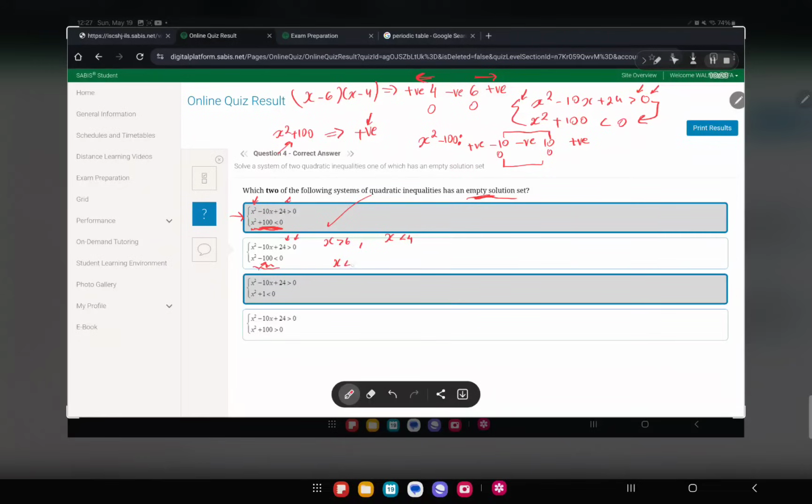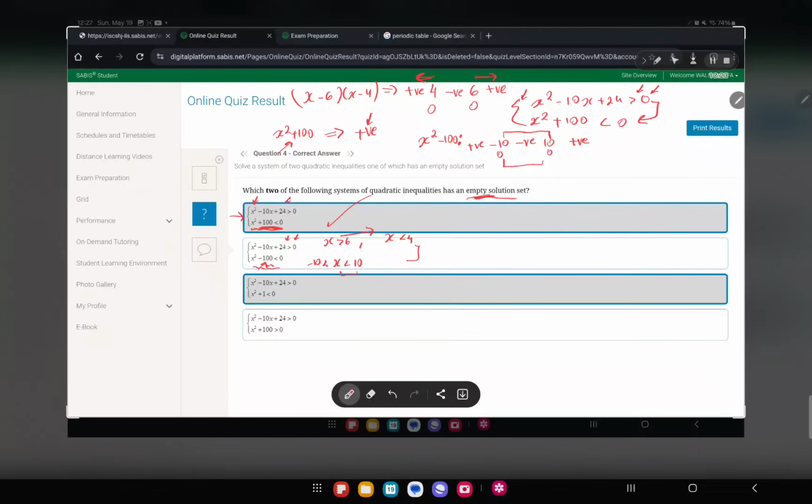So do they fit on each other? X goes all the numbers after 6. Here x can be between negative 10 and 10. So you could fit them into each other. What I'm trying to say is, they fit on each other.